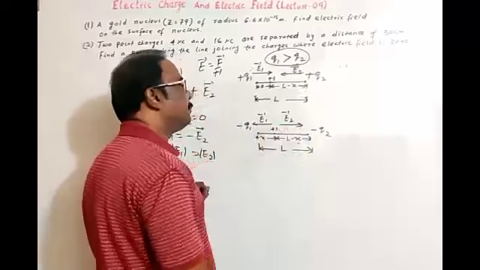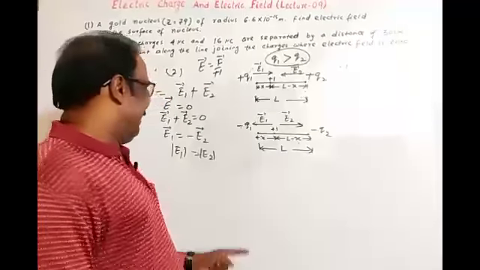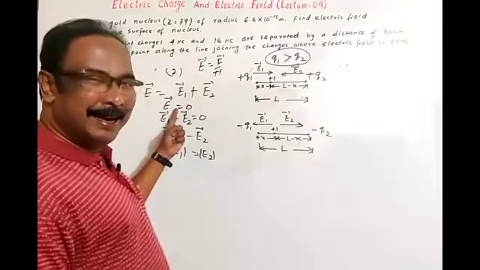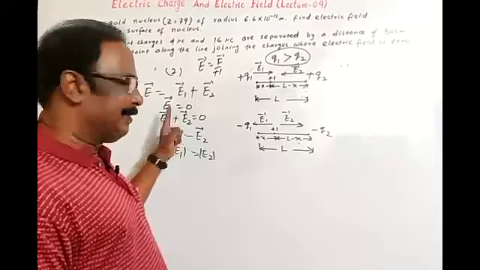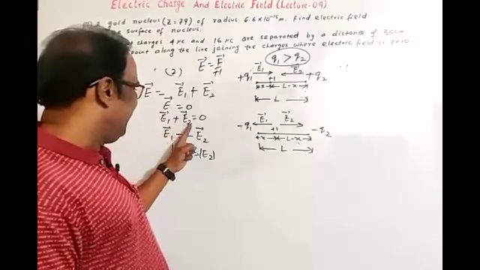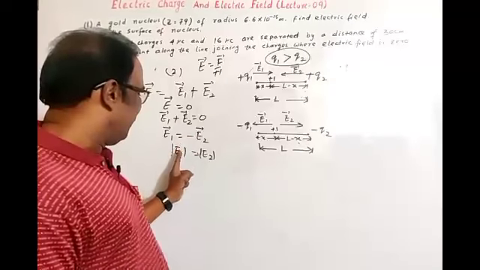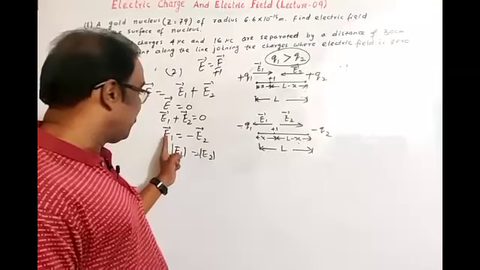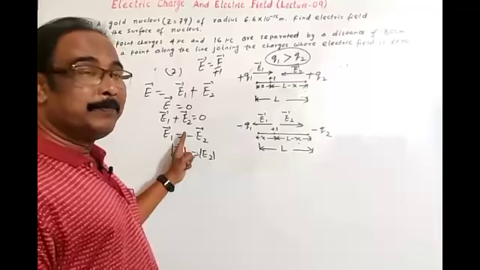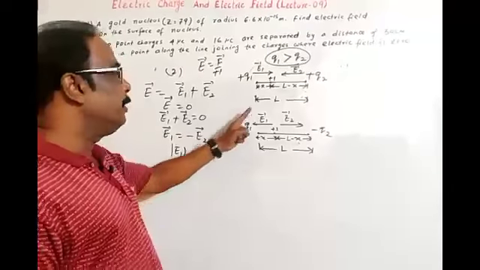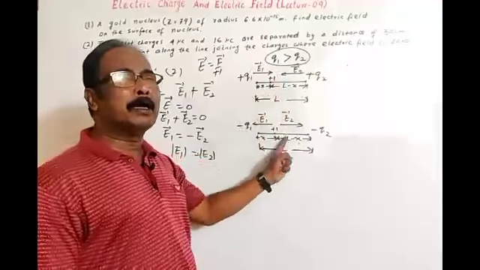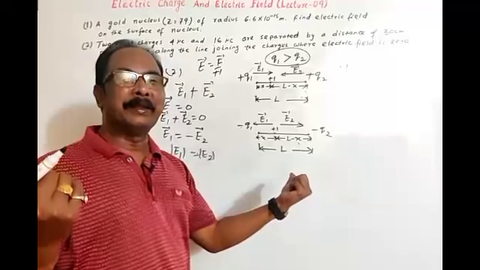Let the intensity be E2. To have zero resultant field intensity, the component field intensities E1 and E2 must be opposite in direction and must have equal magnitude. In both cases, we have got opposite in direction.